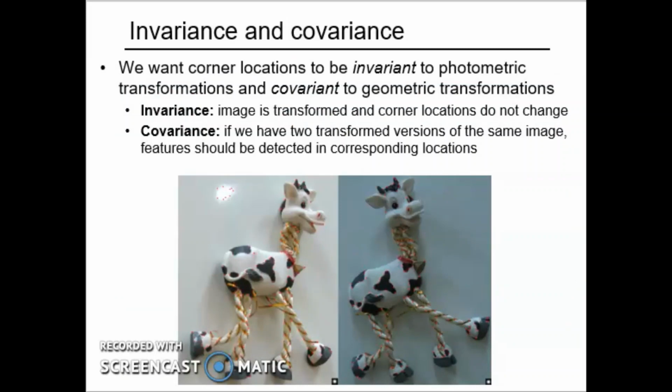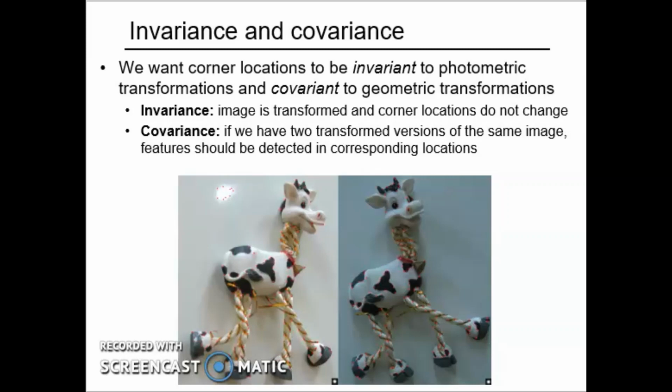The important thing that we need to remember about the calculation of corners is that we want corner locations which are invariant to photometric transformations and covariant to geometric transformations. And what do these terms mean? Invariance means that if the image is transformed, the corner locations do not change, so all those corresponding points in the transformed image should be effectively identified.